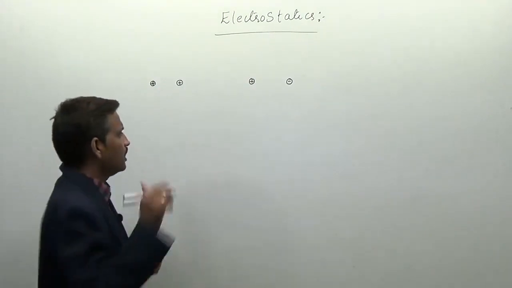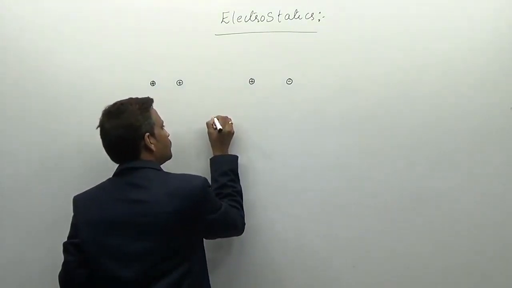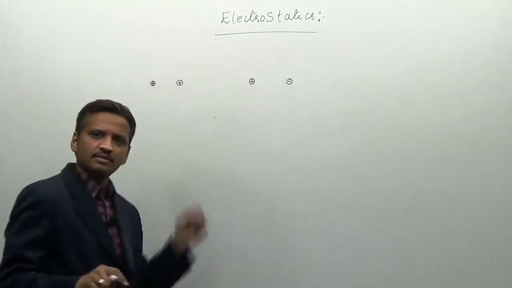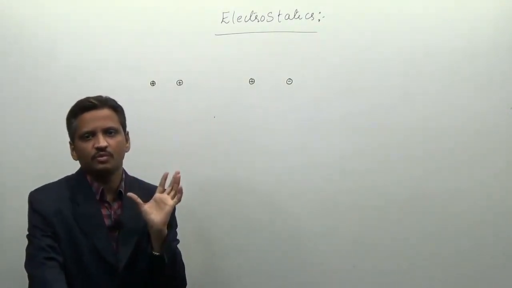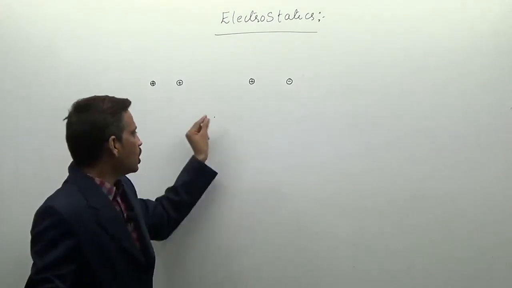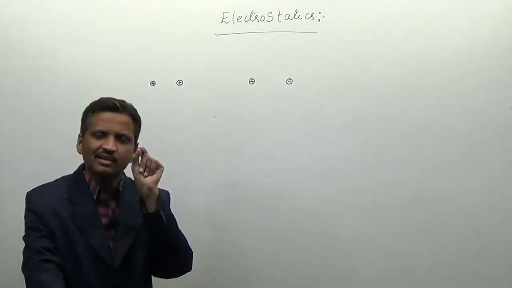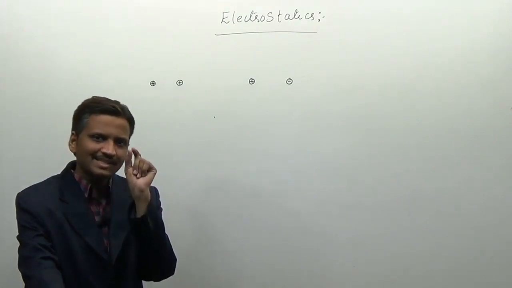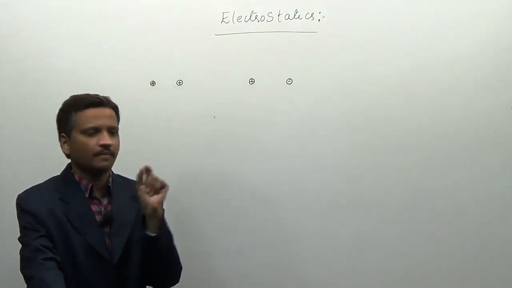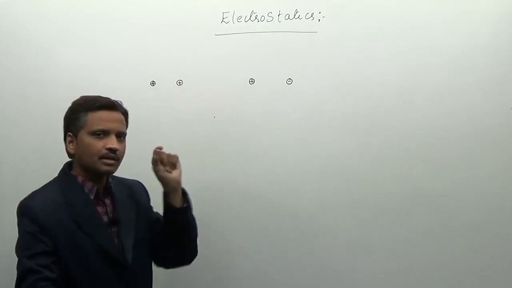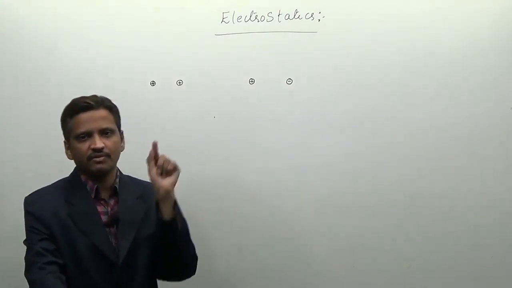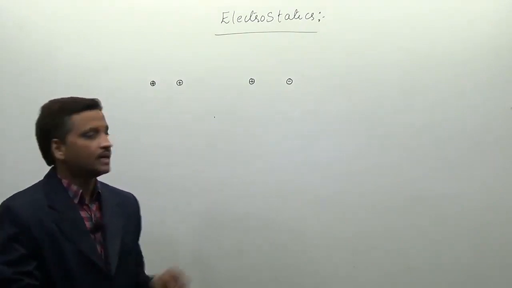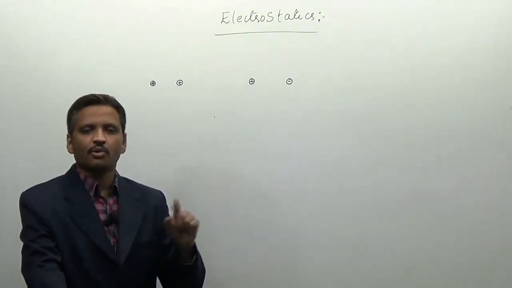Point means the point which I am representing like this, a dot, which should be very, very small, on a very small surface, like a cylindrical structure. If on that surface we distribute charge, we call it a point charge.